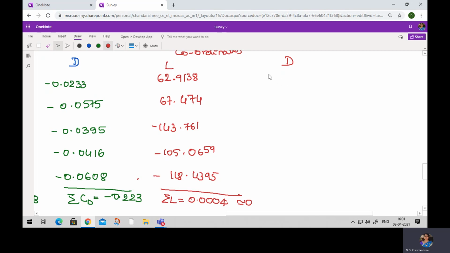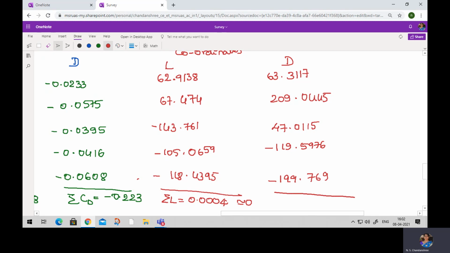Similarly, in the departure, for the line AB it is 63.3117. For the line BC, it is 209.0445. Next line CD, it is 47.0115. Next line is minus 119.5976. Next line is minus 199.769.